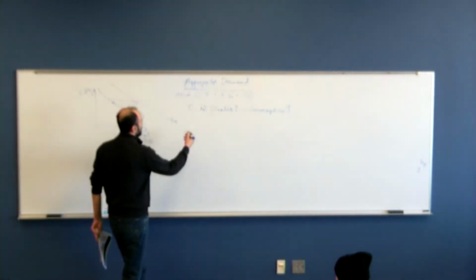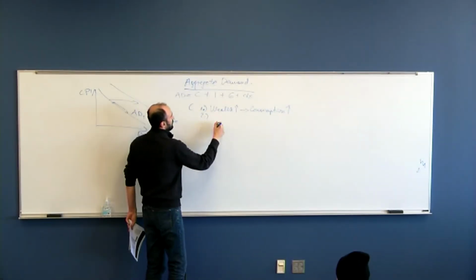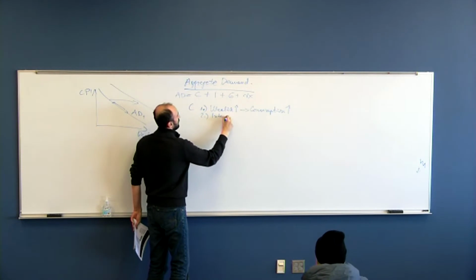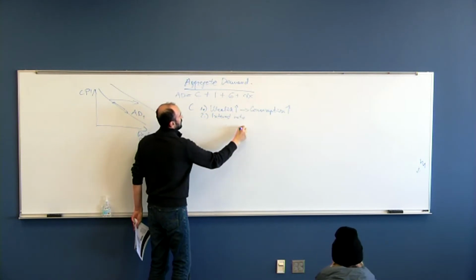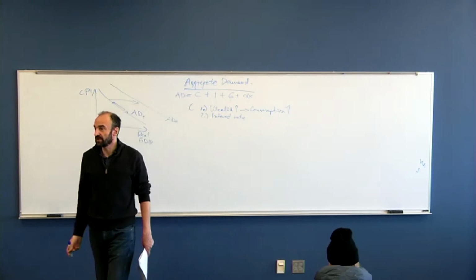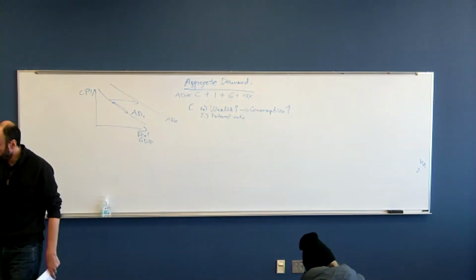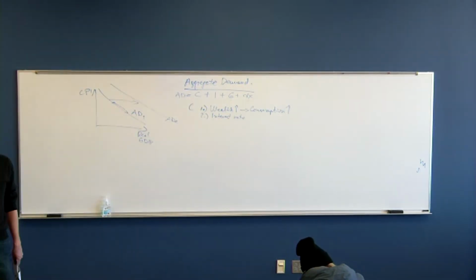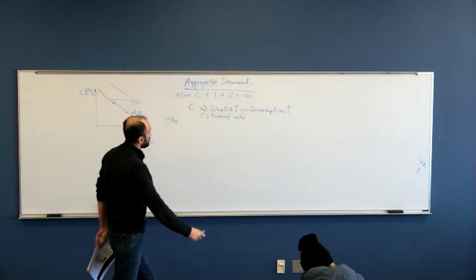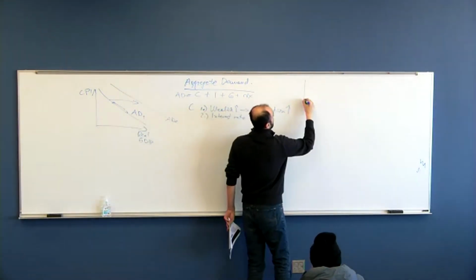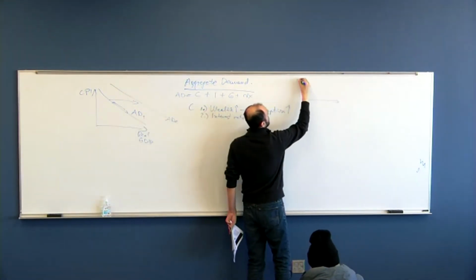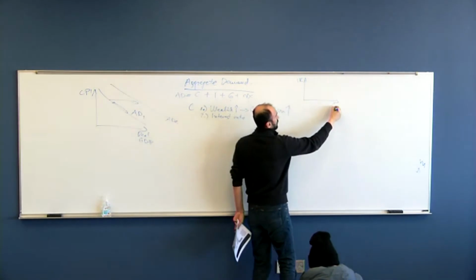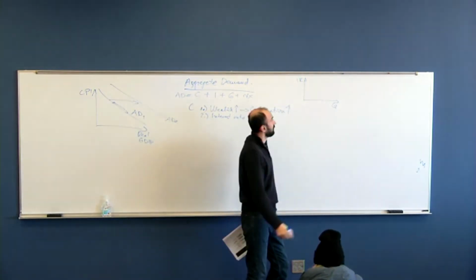Interest rate is another consumer spending shifter. So you see what happens when interest rate goes up or down, the demand for loans changes. Here is the interest rate, the price of money, and down here is the quantity of loanable funds.